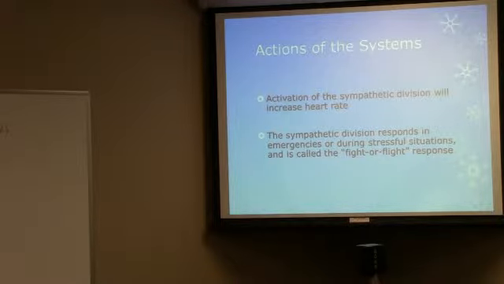Except when something happens and you need to activate the sympathetic nervous system, the 3 F's, fight, flight, or fornicating, the sympathetic nervous system then kicks in and is activated until the parasympathetic nervous system then tries to calm that down once whatever it is is over.